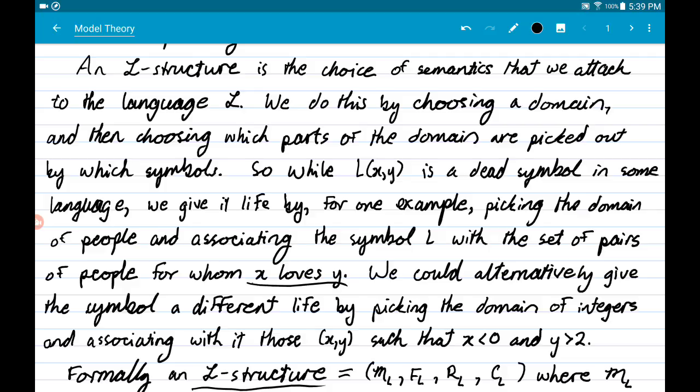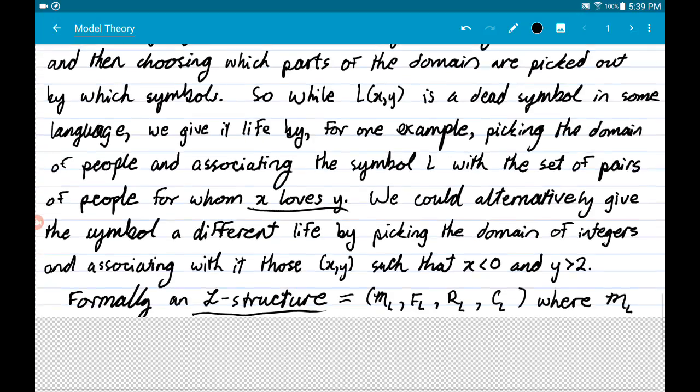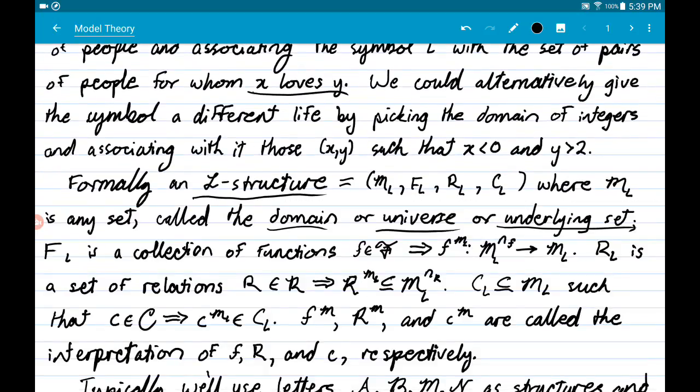We could give life to these dead symbols in a different way. We could pick a different domain, like say the integers, and then associate with LXY anything we wanted to really, but let's just pick, for example, the integers with left coordinate less than 0, right coordinate greater than 2, and that's a different L structure on the same language.